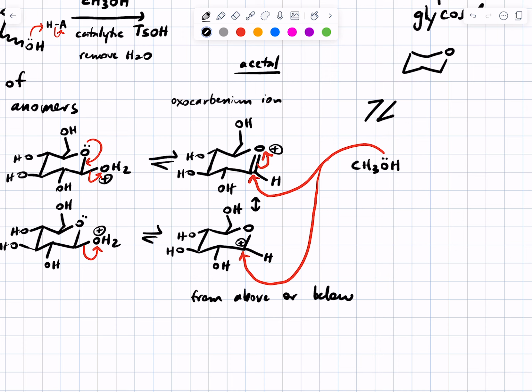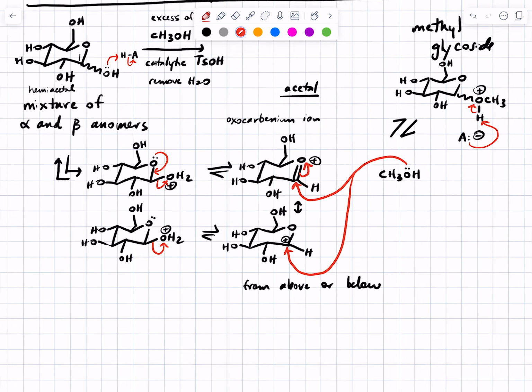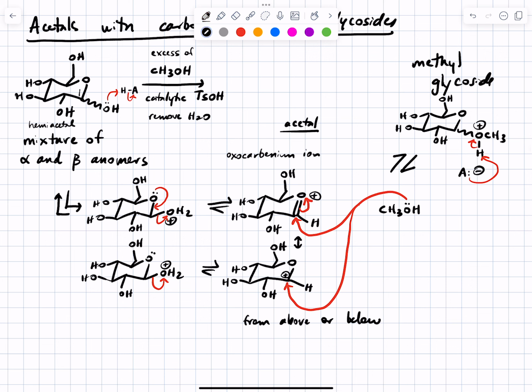So what we'll draw next is just the squiggly line to the methanol, and then a proton on the methanol with a positive charge on the oxygen. And then in the final step of the reaction, we regenerate our acid by having the conjugate base of the acid deprotonate the methanol oxygen, and that's going to give us what we will call the methyl glycoside of glucose.